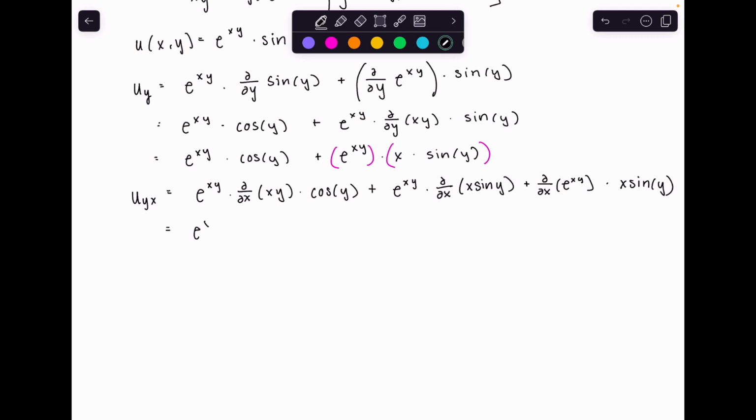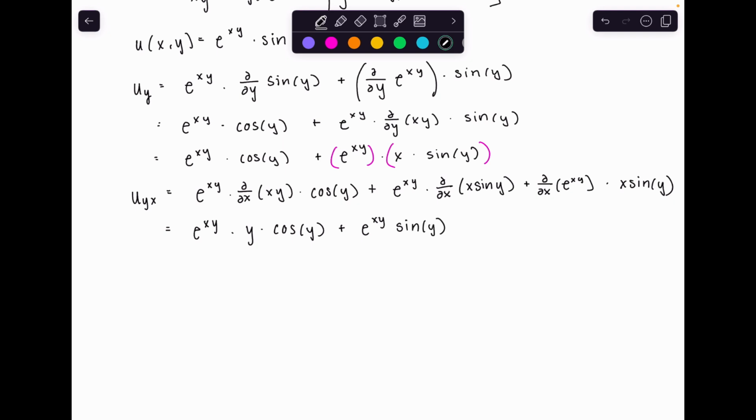So going through these partials, this first one is y. Because we just have an x inside there. Then e to the xy stays put. When I differentiate this with respect to x, derivative of x is 1. So you just get the constant sine of y attached to it.